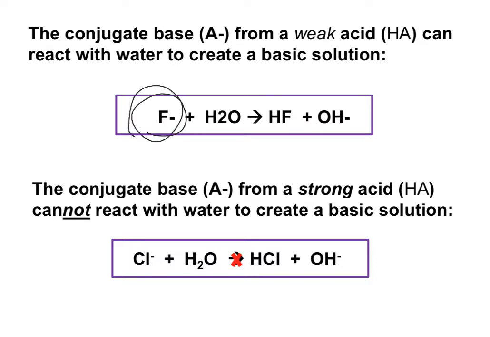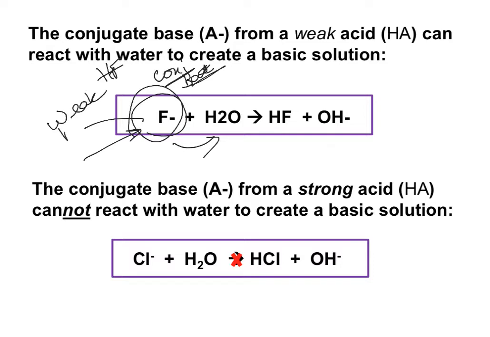How is that salt capable of changing the pH of water? Well, it's the conjugate base of the original weak acid, just using the right vocabulary, and that is capable of reacting with water because it's from a weak acid.